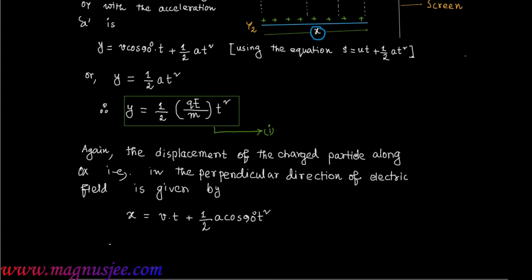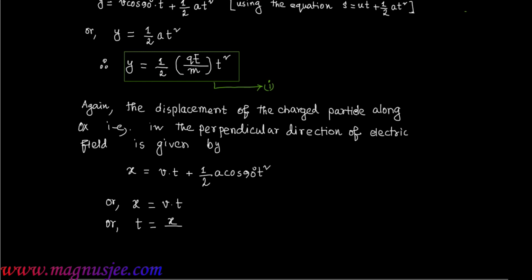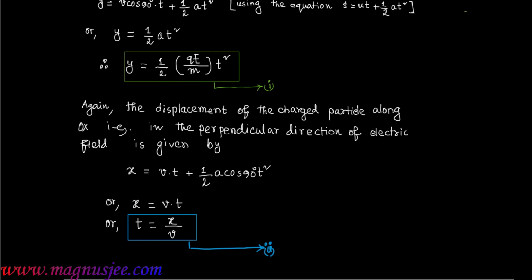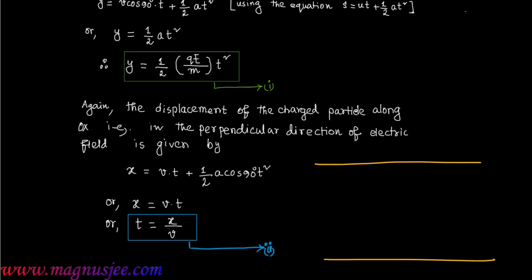Acceleration is along the direction of electric field intensity, that is along OY, and acceleration along OX will be a cos 90 degree. So x equal v dot t, therefore t equal x by v. That is equation 2. That is the time taken by the charged particle to travel from O to A, where x is the displacement of the charged particle along OX.